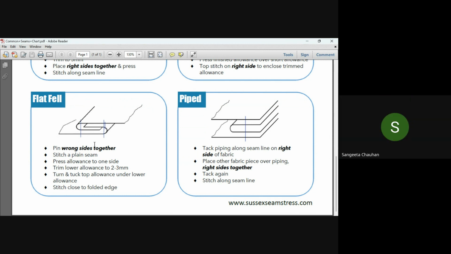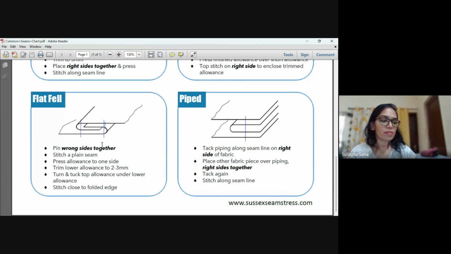And finally we have a pipe seam. इसमें हम क्या कर रहे हैं, हम पाइपिंग बना रहे हैं, ठीक है। दो लेयर है, we have two layers of fabric. Along with that we are again facing, जैसे हम प्लेन सीम बनाते हैं राइट साइड टू राइट साइड मैच करा के, रॉन्ग साइड आउटसाइड, इसके साथ we are adding another layer of fabric.